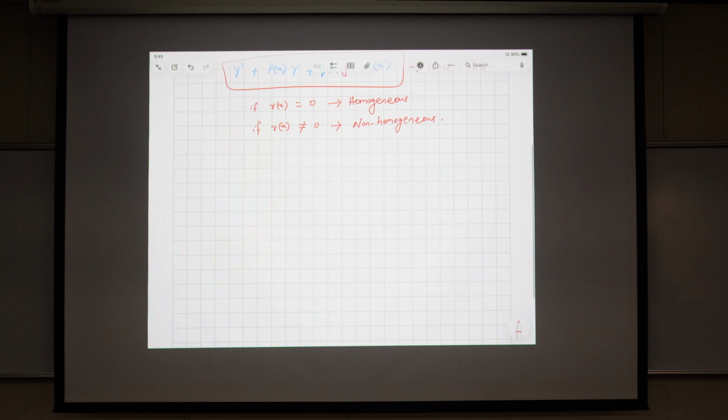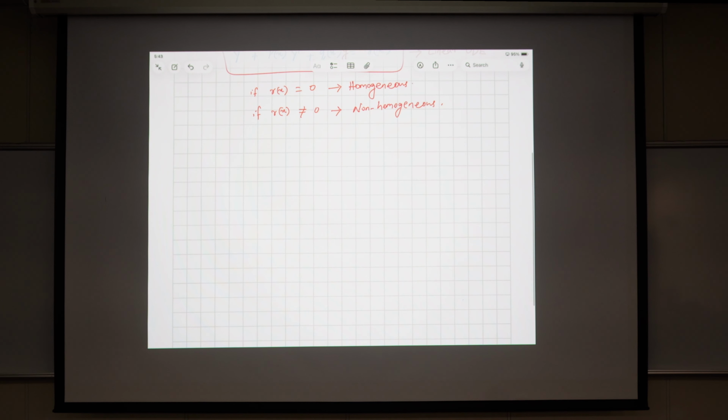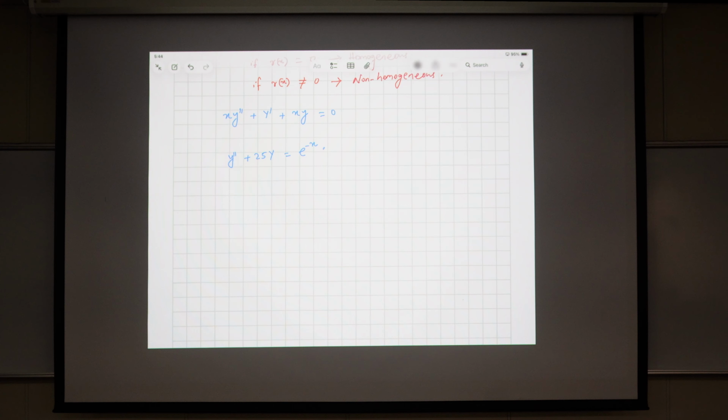That means, for example, if I ask you, I'll write two ODEs. One is, let's say, x y double dash plus y dash plus x y is equal to 0. Another one I will write: y double dash plus 25y is equal to e to the power minus x cos x, something like that.